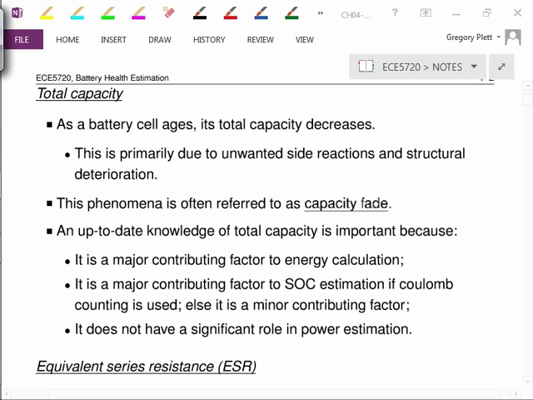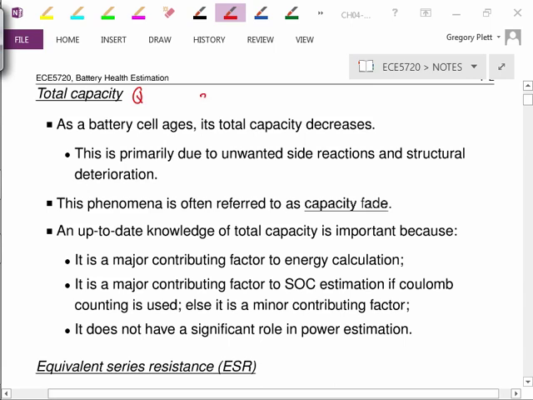Let's think a little bit about the impact of a change in capacity and a change in resistance of a battery cell. So first, the capacity. This is Q in our model.